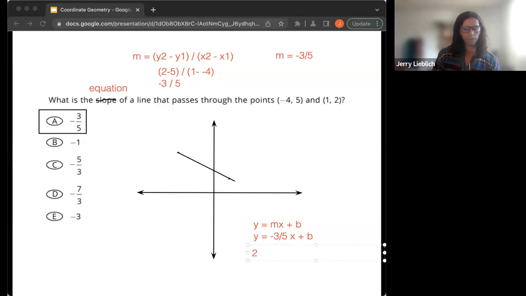Let's say y equals 2 and x equals 1. And add 3/5 to both sides, call it 2 and 3/5 would equal b. Or of course, we could make that 18/5 equals b.